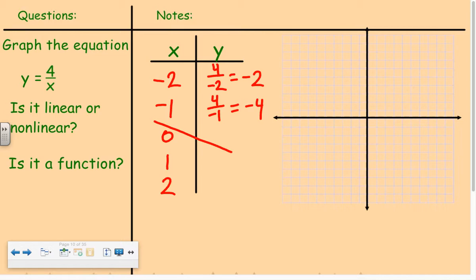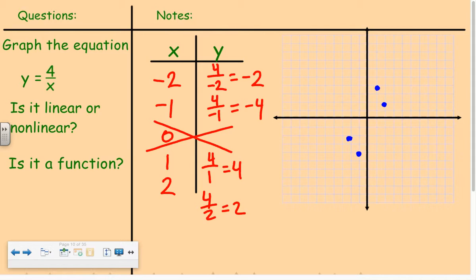So we're not going to want to do that point on this one. 4 divided by 1 is 4. 4 divided by 2 is 2. So now I've just got 4 coordinate points on this one, but that's just fine. -2, -2, -1, -4, 1, 4, and 2, 2.